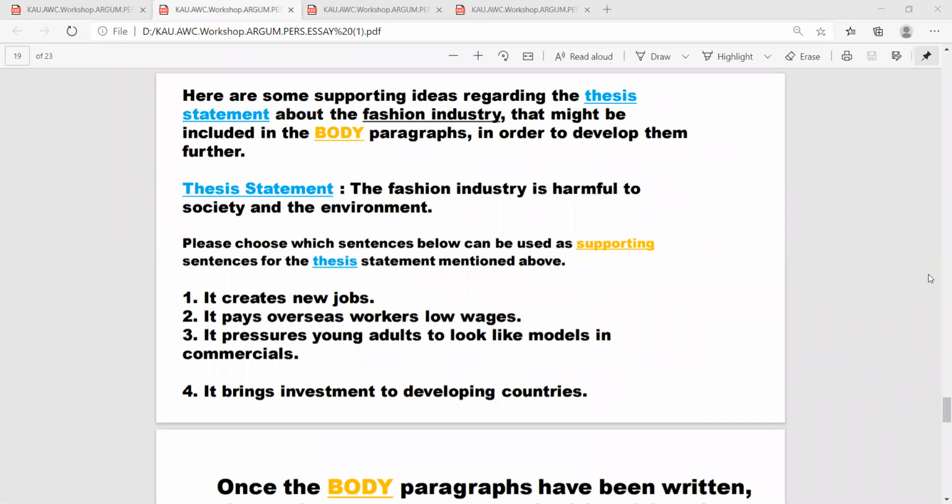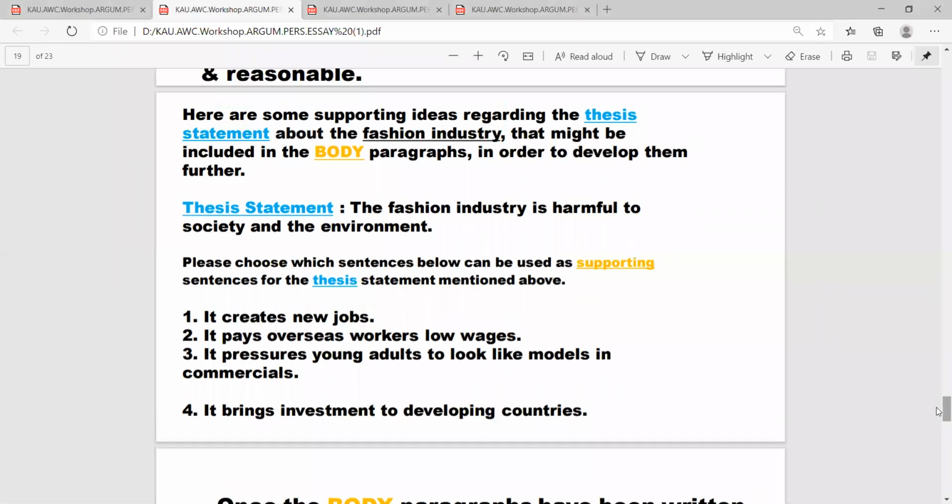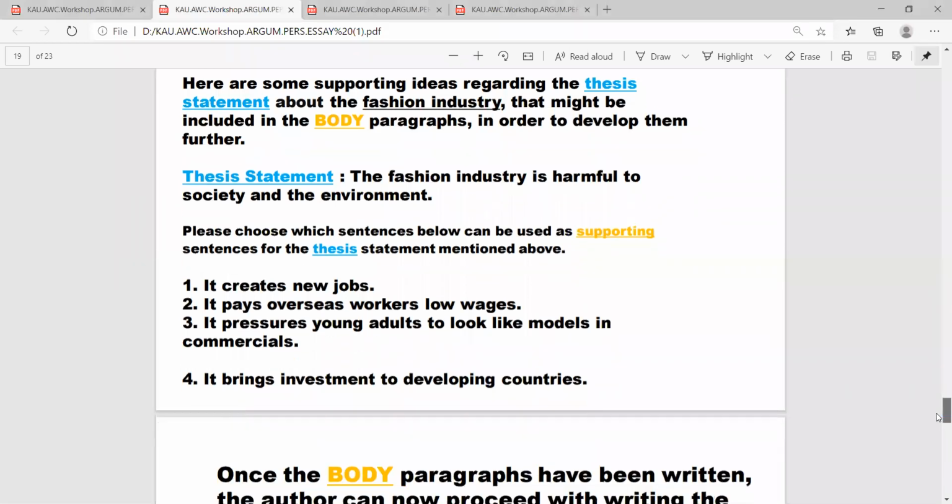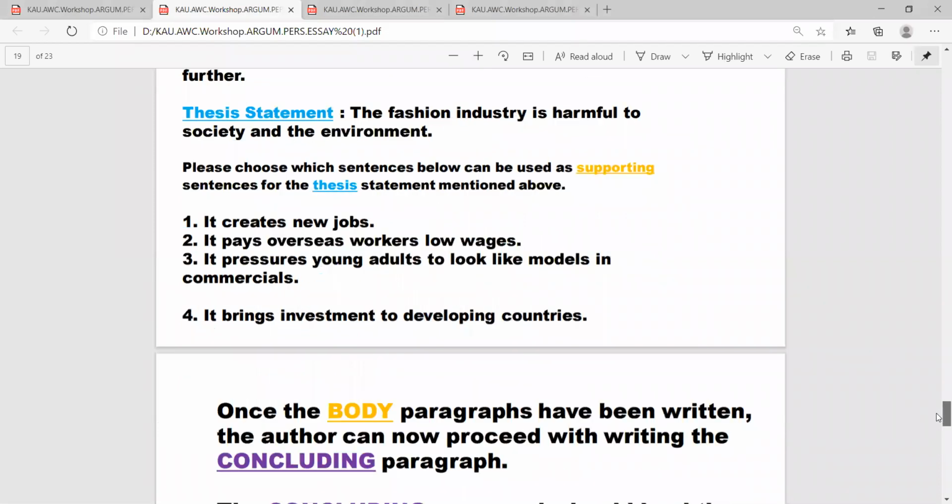Number 4, it brings investment to developing countries. Obviously, that is contradictory. That's a positive statement, and what you want to do is create a negative statement to support your thesis statement. So obviously, number 4 should be struck down, as number 1 should be struck down.